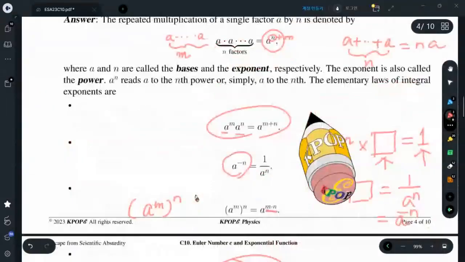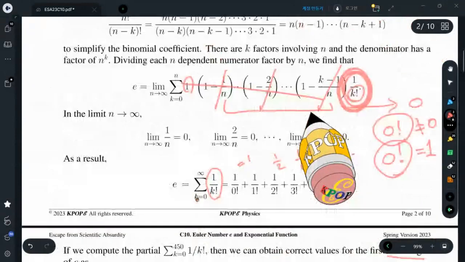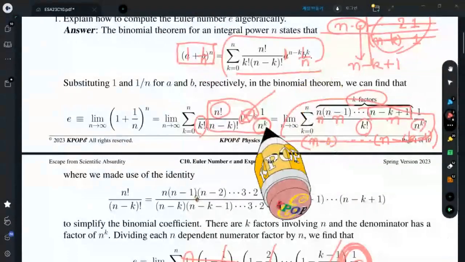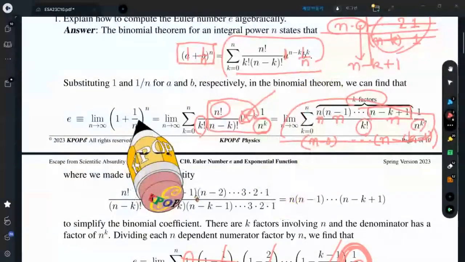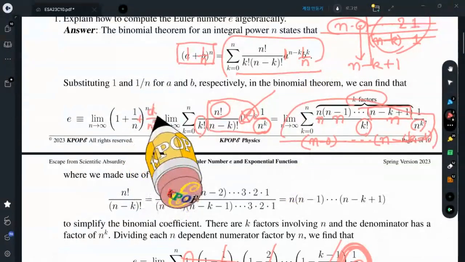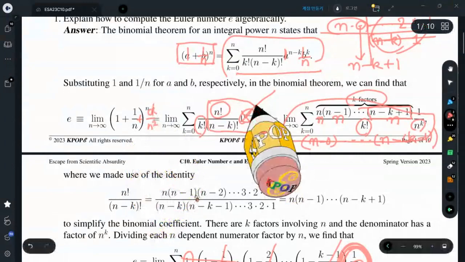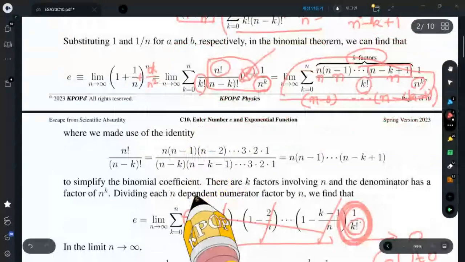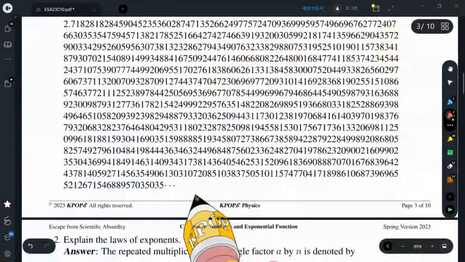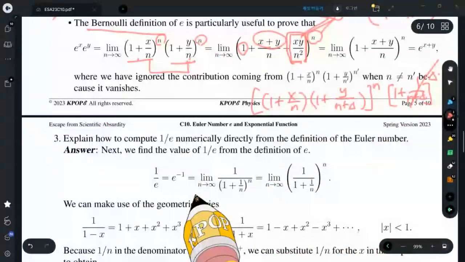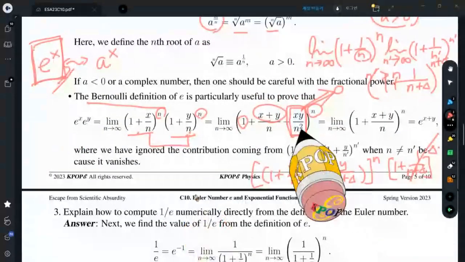You can make use of this expression, and why don't you substitute, for example, plus 1 over n squared, an arbitrary finite number, or higher. Any other higher order power may appear, but at the end of the day, they disappear. They die completely. As a result, this term vanishes.